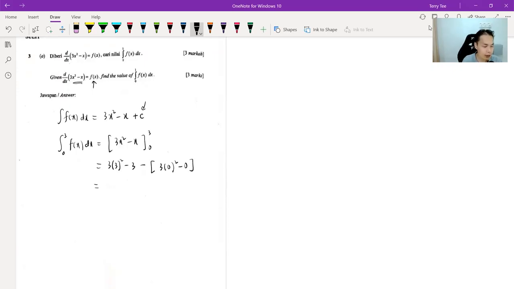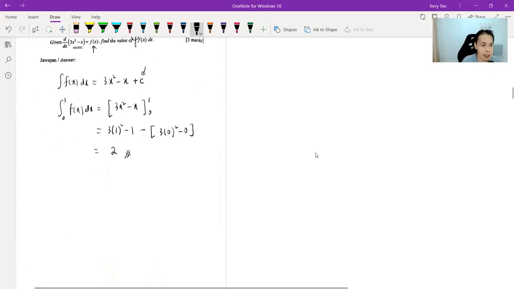Now, what we have here is 3 square. Okay, sorry, this is 0 to 1. I've seen it wrongly. Yes, 0 to 1, not 0 to 3. So my limit is actually 1. You square it, this is 1. So 3 times 1 squared is 3. 3 minus 1 is 2. This whole thing is 0. Answer is just 2.